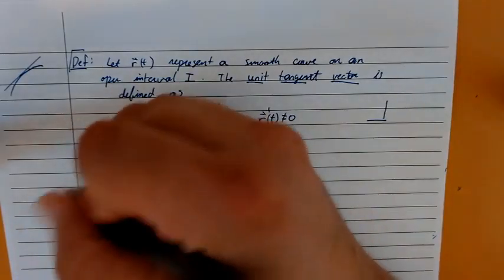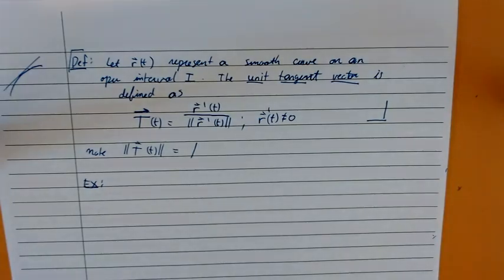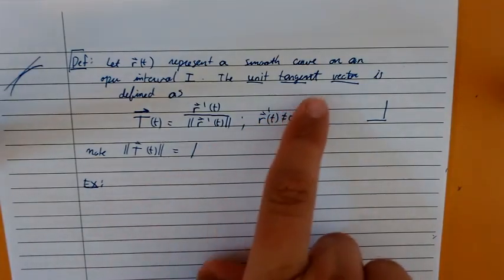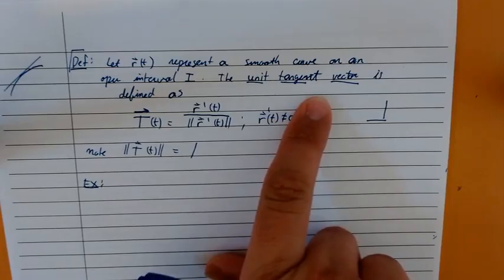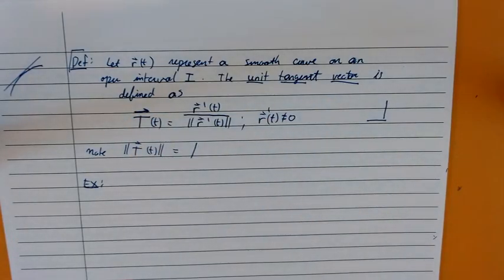Okay. So for example, let's go and find the unit tangent vector. Incidentally, notice here we don't make any mention of whether we're on the plane or in space. It doesn't matter. This is always true as long as you can define the derivative.